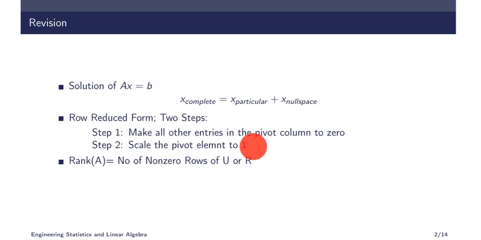The pivot columns, if you combine them together, make an identity matrix, and the rank of that matrix is given by the number of non-zero rows of U or R. It is the easiest method, or you can describe it as the number of pivot columns in the row reduced form. So this is what we have learnt in the previous class.